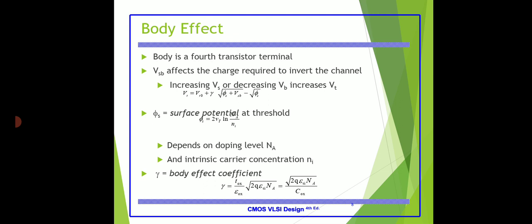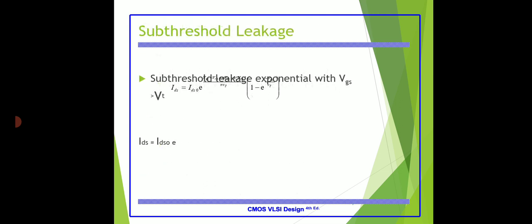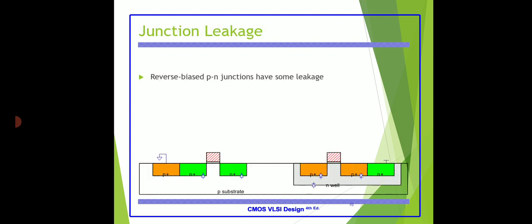If the body is not connected to the source and is connected to a different potential, this causes the threshold voltage to vary according to the formula given here, that is Vt is equal to Vt naught plus gamma into the square root of phi s plus Vsb minus the square root of phi s. Here Vt naught is the threshold voltage when Vsb is equal to 0, gamma is the body effect coefficient and phi s is the surface potential. So we can infer that the threshold voltage increases with the source to body voltage.